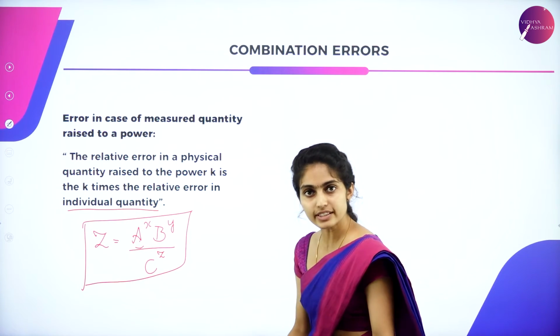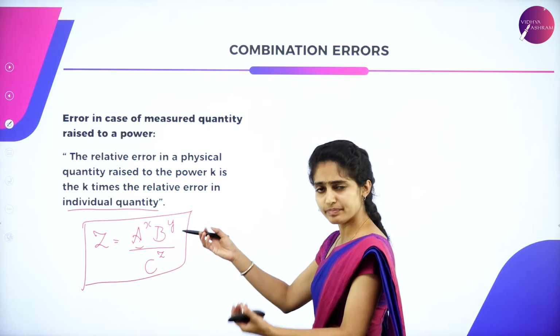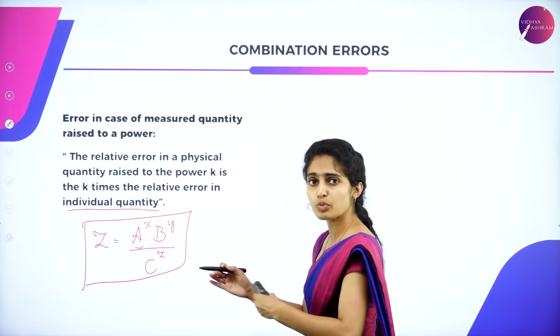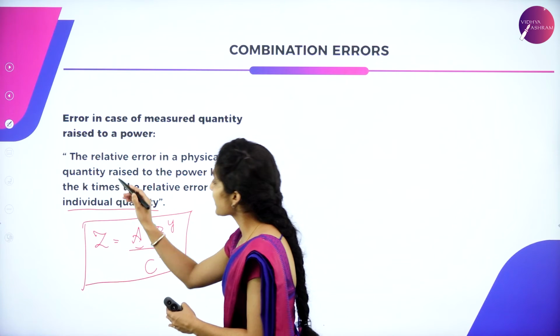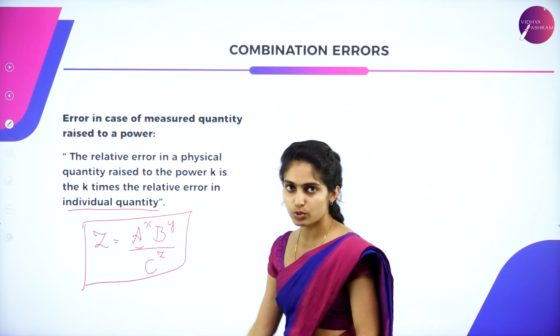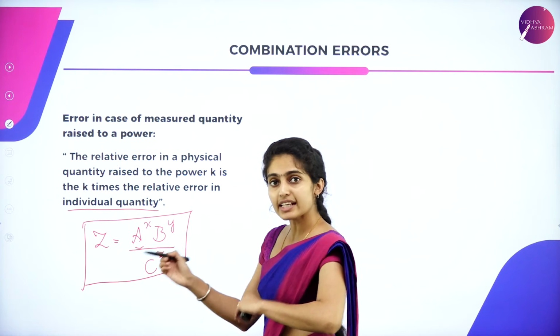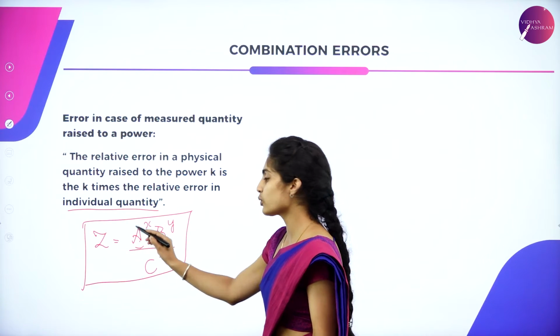Here they have considered k. It can be x or any other numerical term, whichever you want to put. So power k is k times the relative error in the individual quantity. So it is x times the relative error of this quantity A.